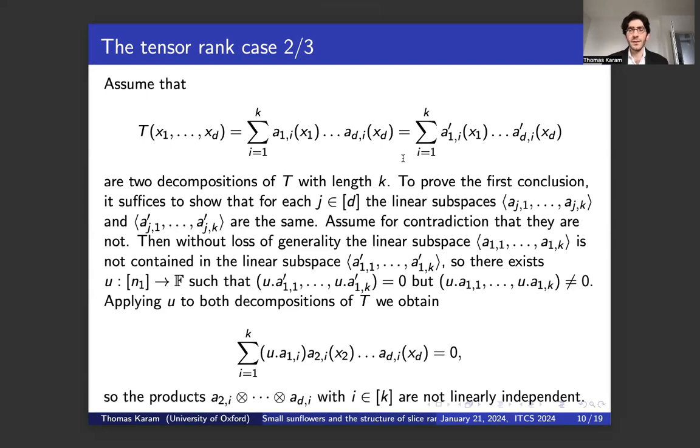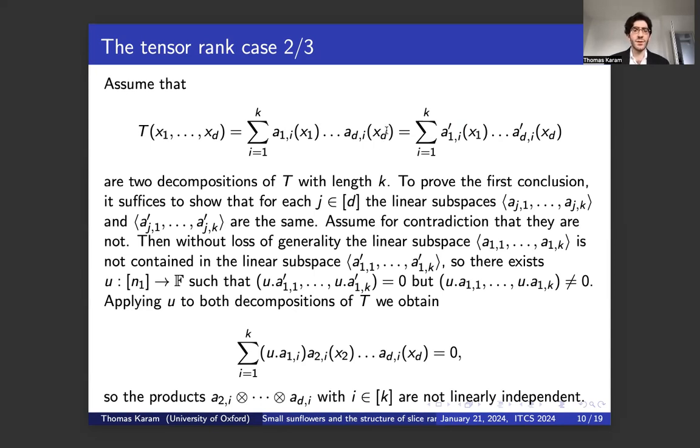So assume that they are not the same. Then how could we get to a contradiction from that? Because the situation is symmetric, we can suppose without loss of generality that the first linear subspace is not contained in the second linear subspace, and that's the main technical point of the proof.